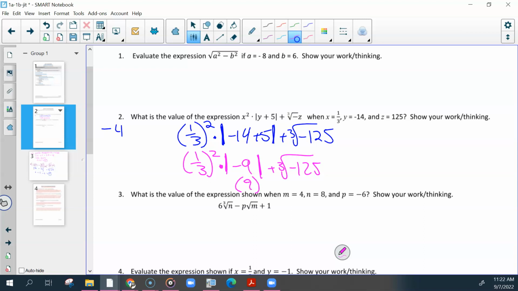I'm going to also go ahead and do these two at the same time because it's lacking in space. So 1/3 to the second power would become 1/9. And then the cube root of -125 would be -5.